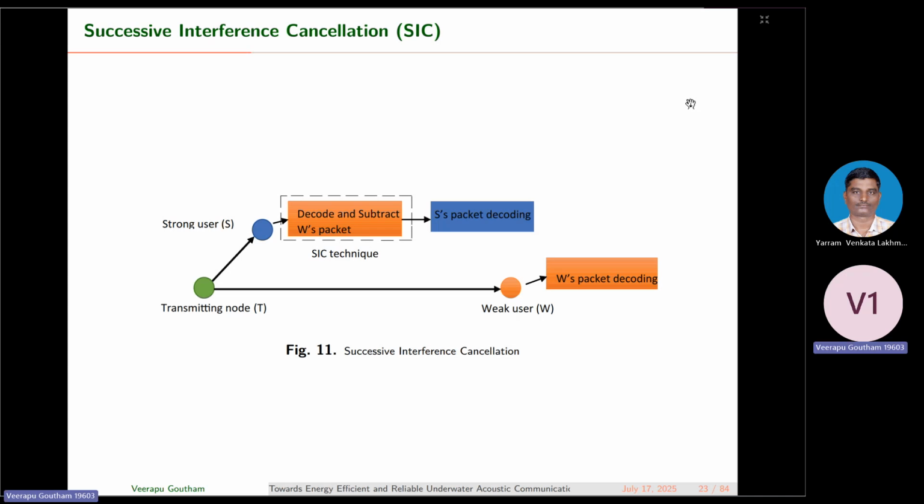This signal is given more power because it has to travel a longer distance. If you reduce the power, because of the overall absorption, that signal won't reach the weak user. That's why more power is allocated to the weak user signal and less power to the strong user signal. Now, what will the weak user do?